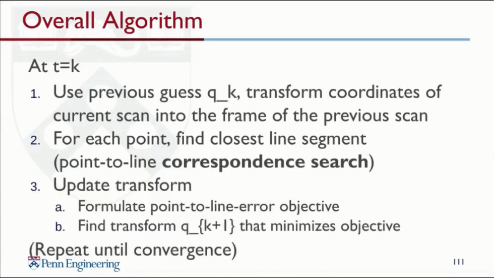And then based off of these correspondences, we update the transform in two steps, where we first formulate the point-to-line error objective, and then we find the next iteration of the transform q of k plus 1 that will minimize this objective. We'll go into detail about this shortly. This algorithm will repeat until we converge to a particular solution.